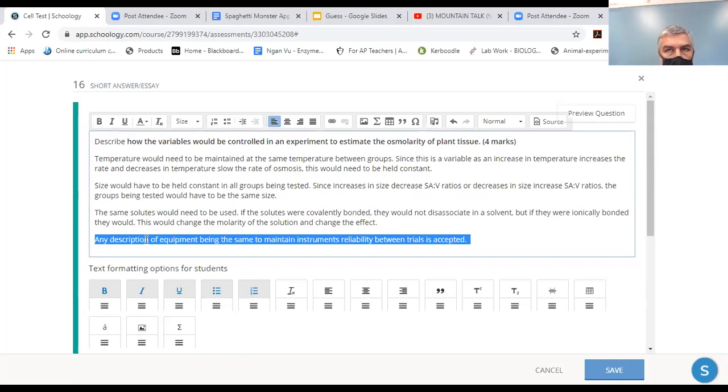So if you talked about using the same glass container, or the same plastic container, or whatever the container was, that would keep that variable constant, and using the same equipment would maintain reliability. If the equipment had an effect on osmosis, that would be consistent amongst the groups. Most people actually got points on this one who wrote more than just 1 word or 1 sentence. But you just can't list a bunch of things and get points on it.